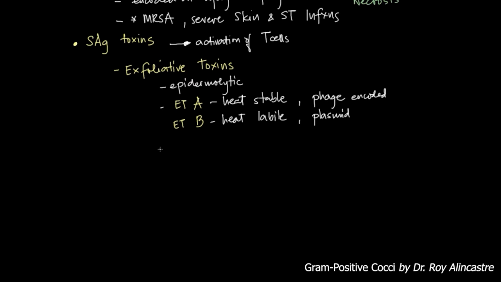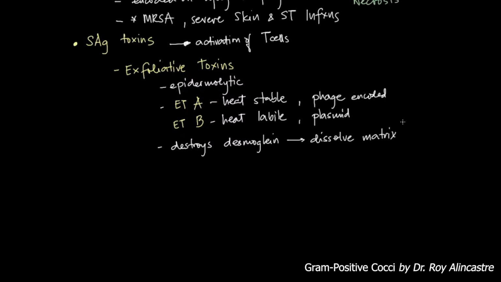Now, these toxins are again epidermolytic. They act as a protease that cleaves desmoglein in the desmosomes, or intercellular junctions, and they dissolve the mucopolysaccharide matrix of the epidermis.